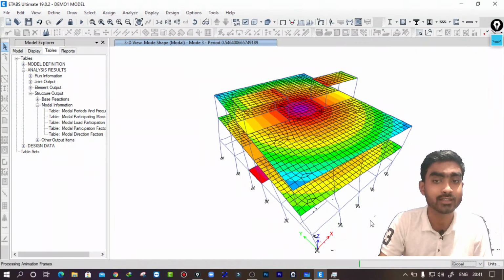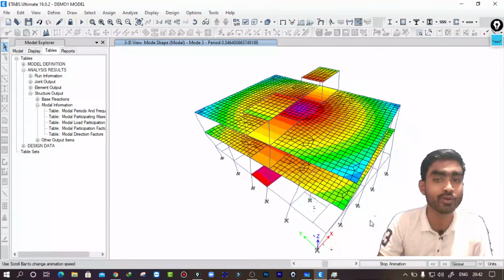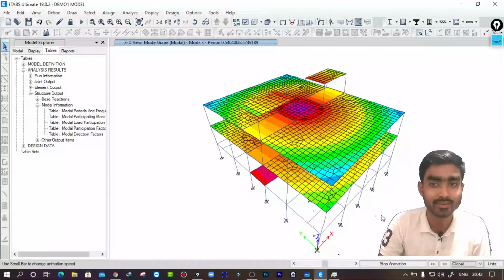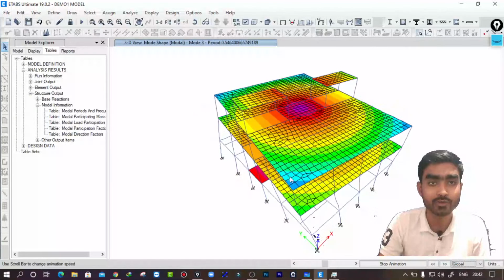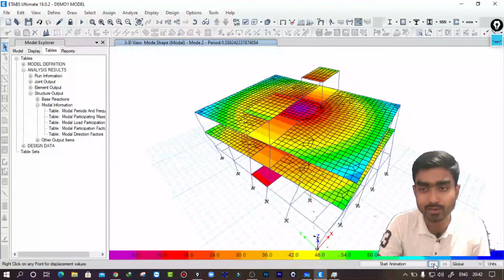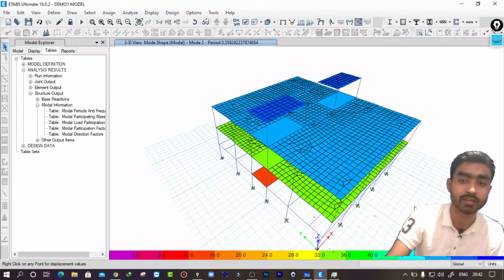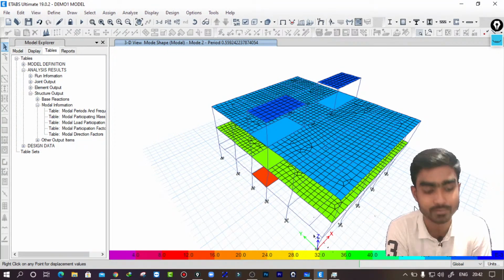This is just the free vibration of the structure without damping. That is how it is visualized. We have the second mode. If you run the animation, you can see it will be moving along the Y direction.